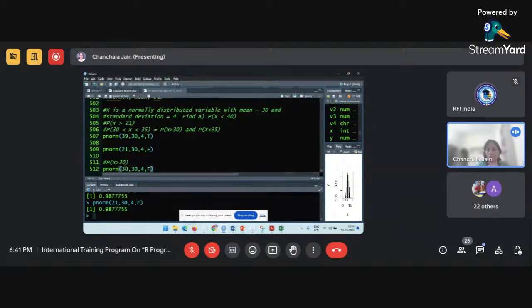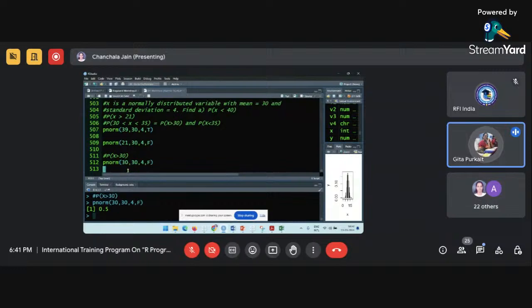If I put 30 and keep it false, it will include the probability of 30 and above, so it maybe started from 30.